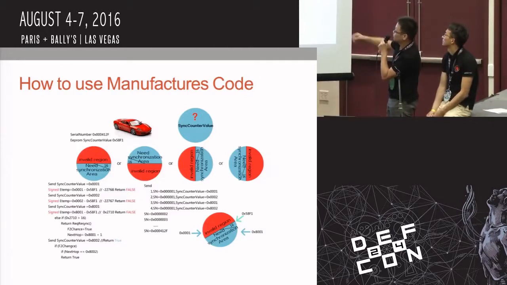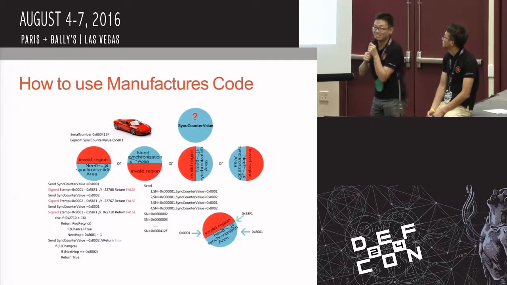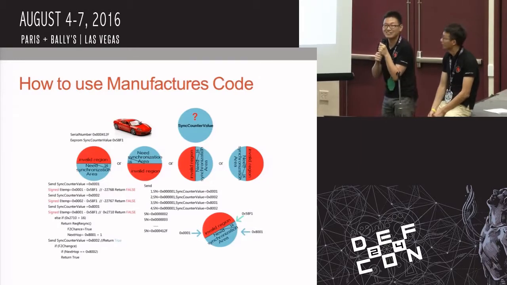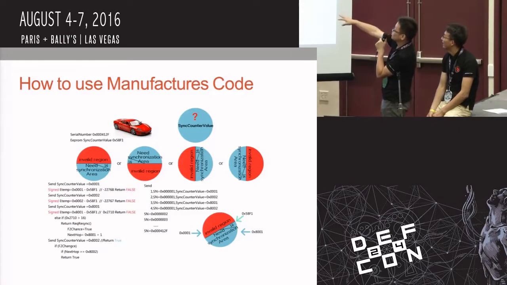So if we send the function code to open the door, we could use this to open a car. So you understand? Great.